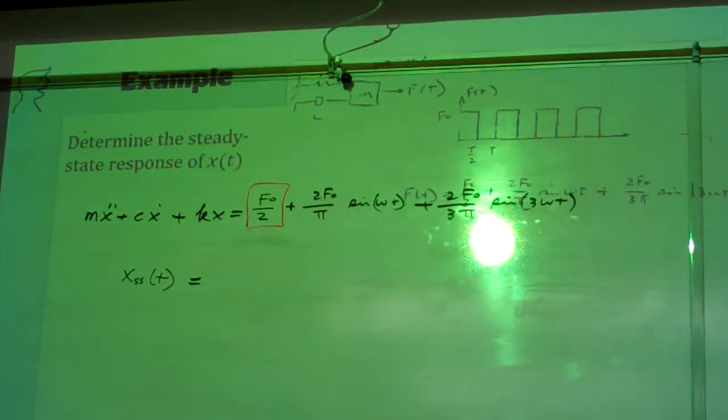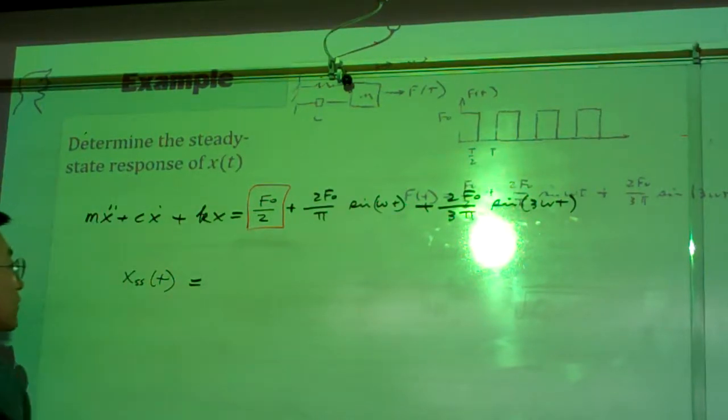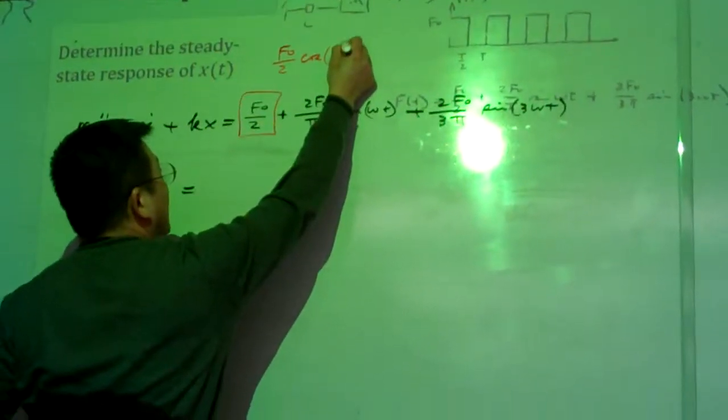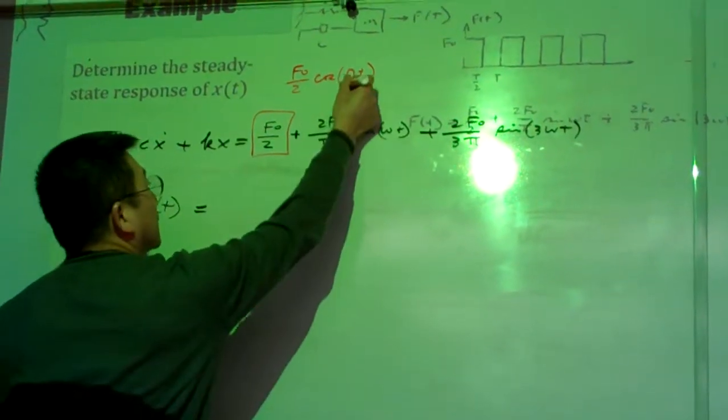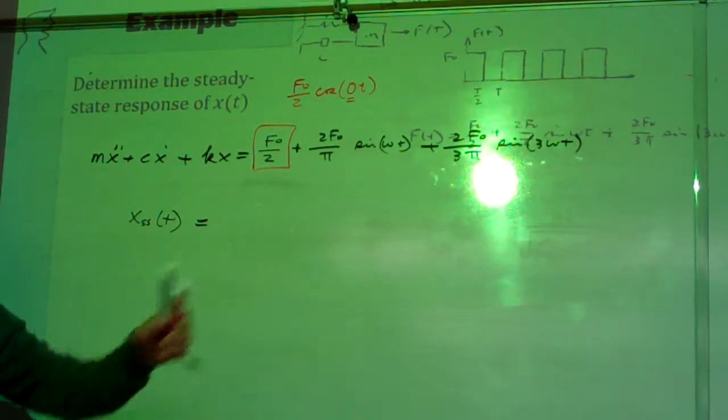You can imagine this can be rewritten as F naught divided by 2 times, say, cosine 0 times t. If you treat that frequency as 0, then you can use the template there.